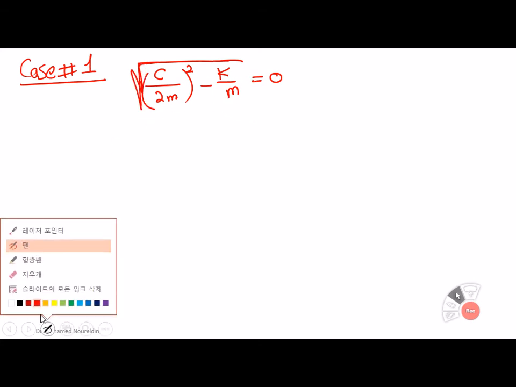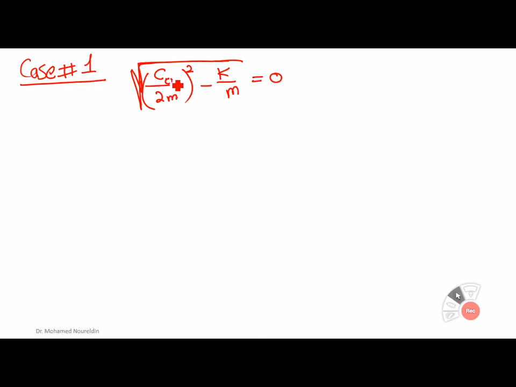We are going to give here a subscript for this c, we call it c_cr, which means critical, only to differentiate it from other types of damping coefficient. So this means that we can say that c_cr over 2m should equal the square root of k over m, right?